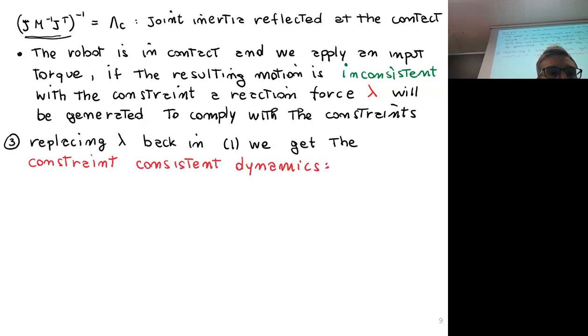And we can see that if we replace the expression of lambda back in the dynamic equation, we get the constraint consistent dynamics. So we replace back lambda in here.